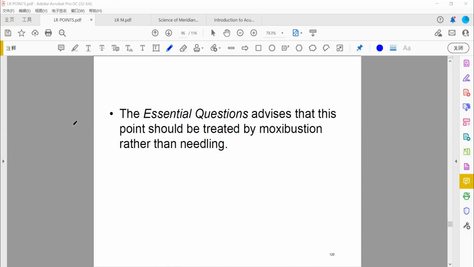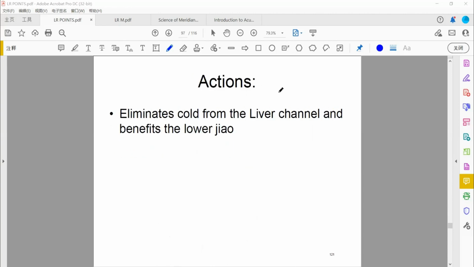Needling, we don't need to talk about this part. Actions: eliminate cold from the liver channel. The cold pathogen directly invades the liver channel and benefits the lower jiao still. Good for the lower jiao.